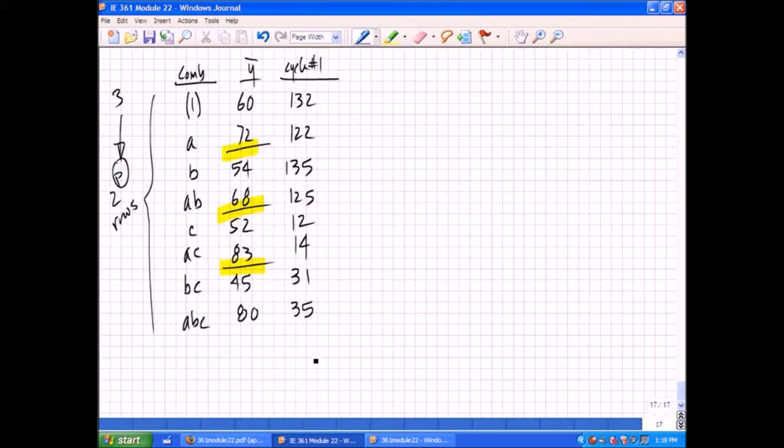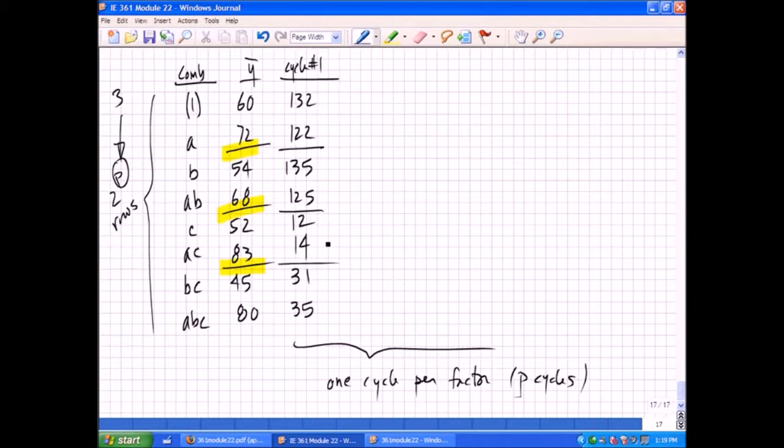I'm going to do one cycle per factor. I'm going to make P cycles here of this addition and subtraction business. So I've done the first one. I need to do 2 more because this is the pilot plant example.